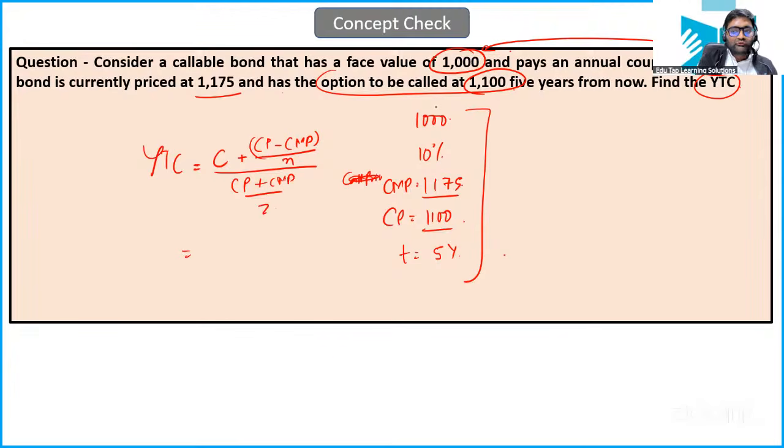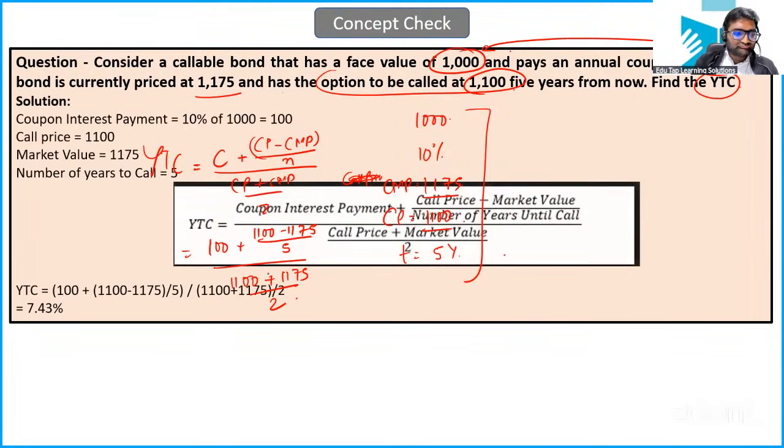So the coupon here is 10% of 1000, which is 100, plus call price 1100 minus the current market price 1175, divided by 5, all over 1100 plus 1175 by 2. If you solve all of this, you're going to get the answer.